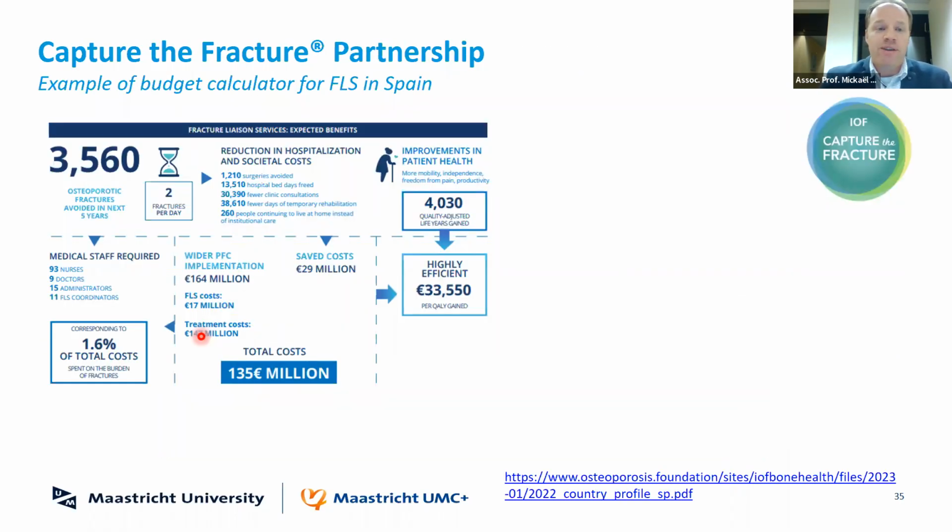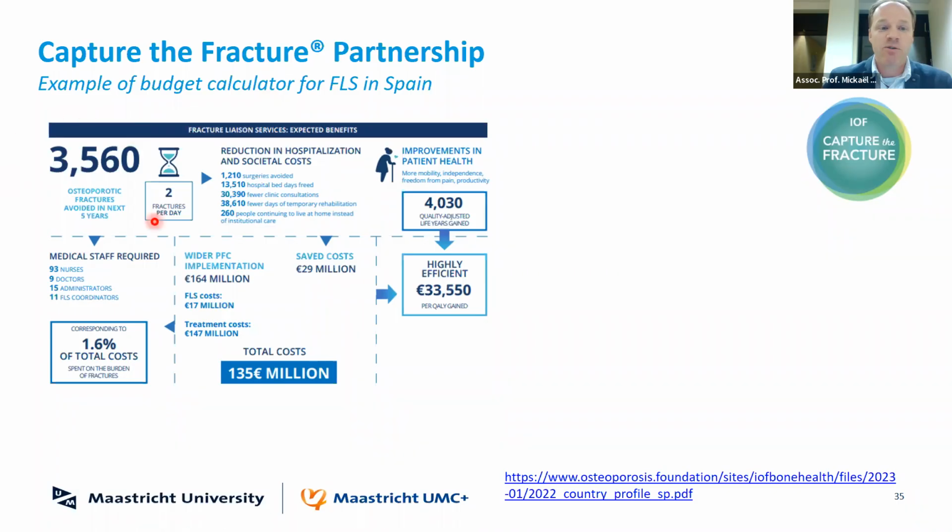Another example of economic studies is from the Capture the Fracture partnership. As part of this partnership, different country-specific reports are built up and include a budget calculator. The budget calculator has been designed by Rafa Pinedo Villanueva from the Oxford team, and they estimated what could be the benefit of implementing fracture liaison services in different countries.